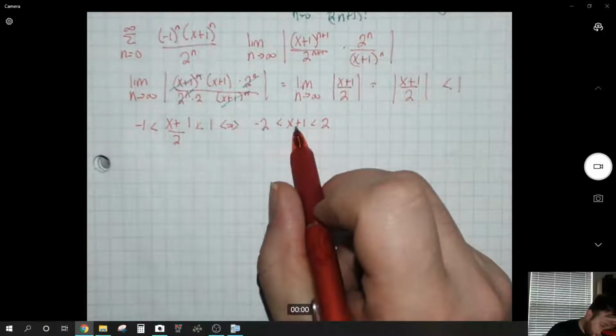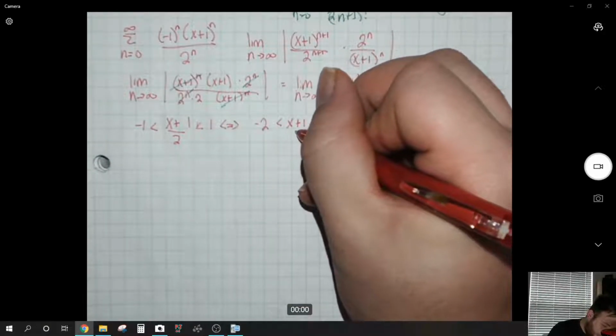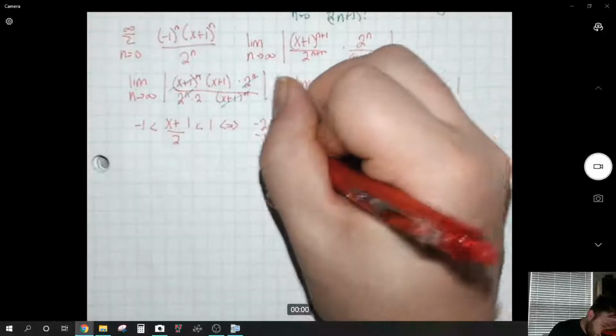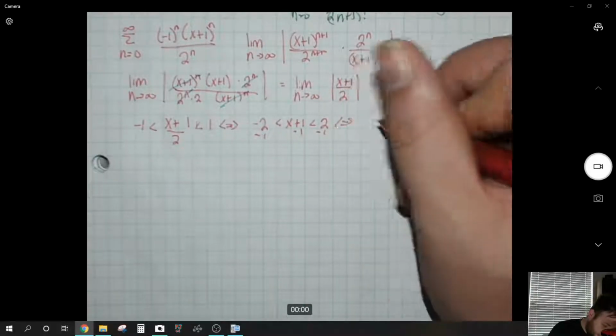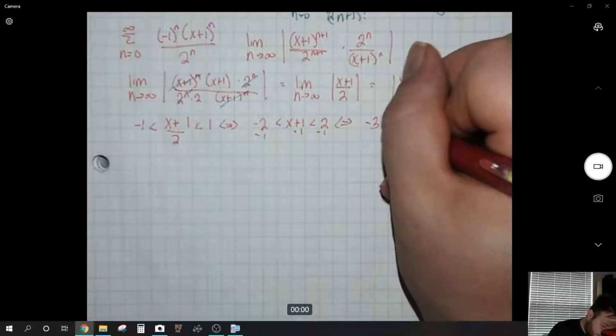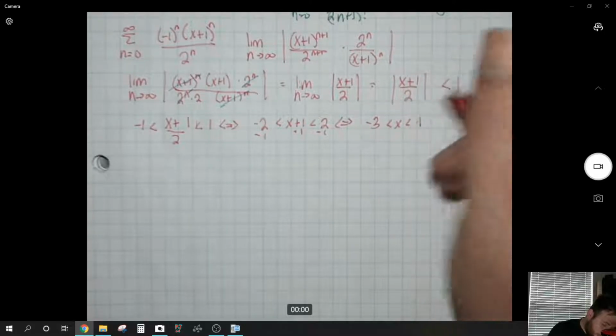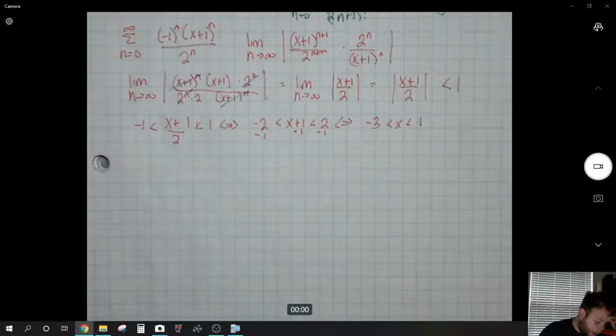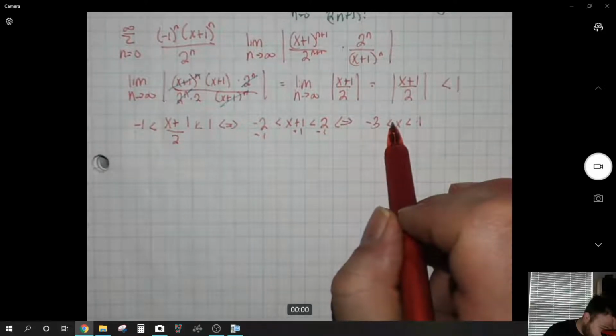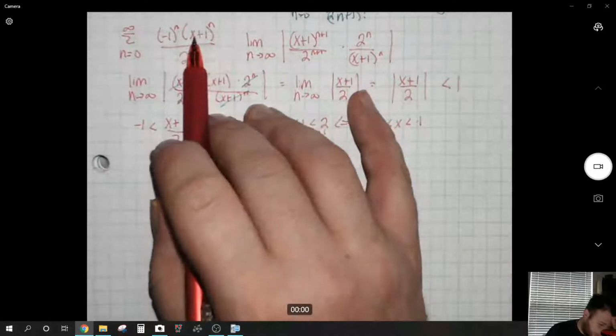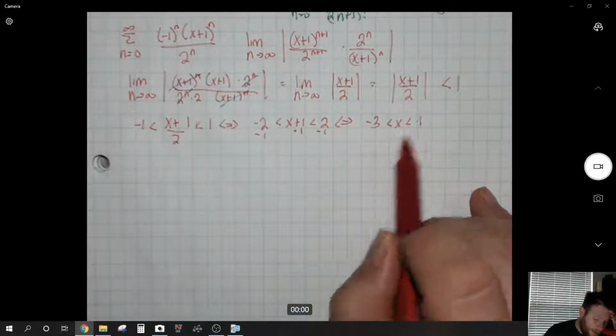And then I'm going to subtract 1 from everything. Okay, so now we know we did it right for starters because I know it's centered at -1. -1 is dead center of this interval.